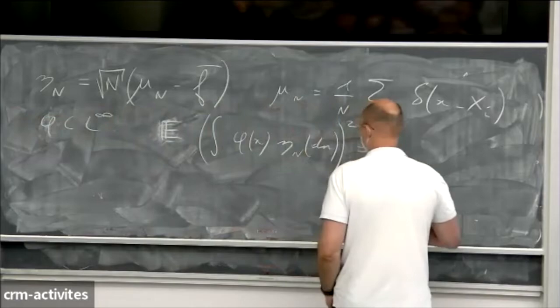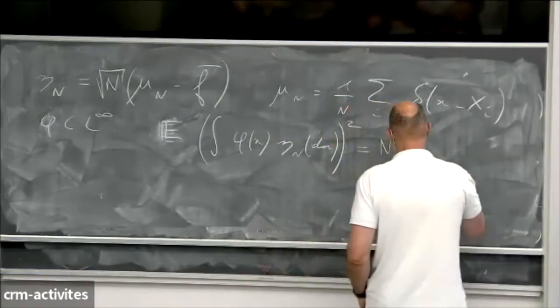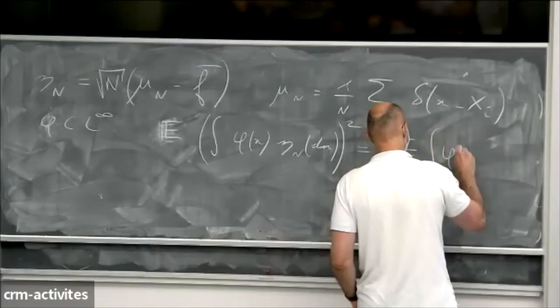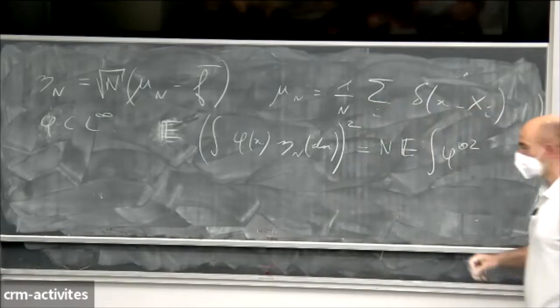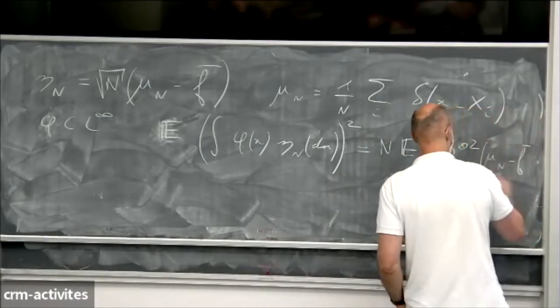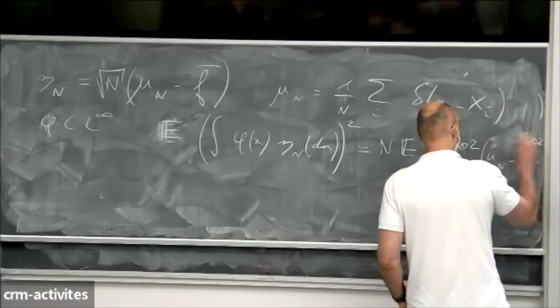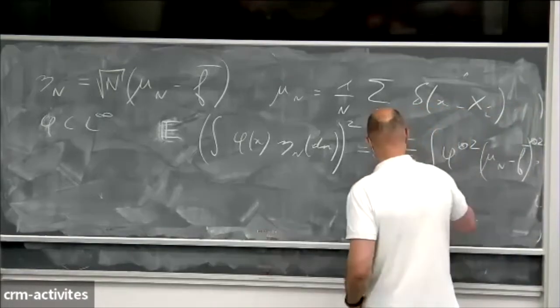This is n times the expectation of the integral of phi tensorized twice, mu n minus f bar tensorized twice. And this is the expectation with respect to Fn.